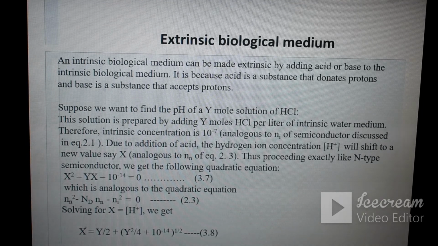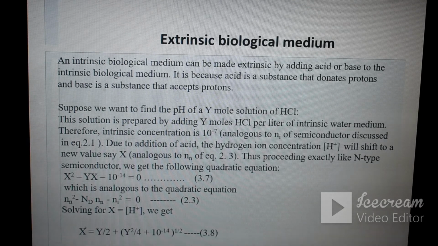Thus, proceeding exactly like an N-type semiconductor, we get the following quadratic equation 3.7. X squared minus Yx minus 10 to the power minus 14 equal to 0, which is analogous to the quadratic equation n squared minus Nd n minus ni squared equal to 0, equation 2.3 discussed in the previous lecture.